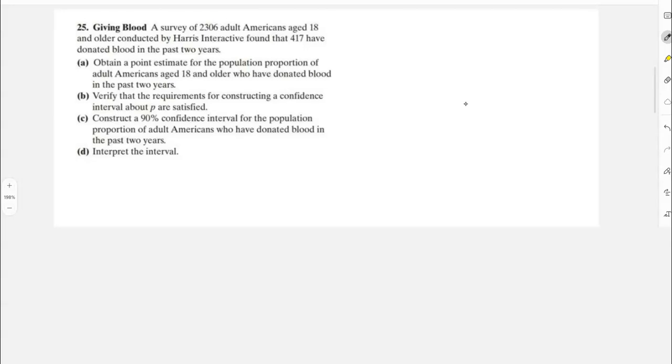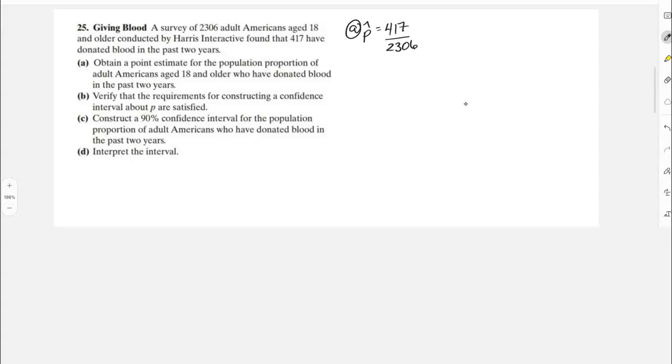So let's do one more example. A survey of 2,306 adults age 18 and older found that 417 have donated blood in the past 2 years. A is asking us for a point estimate. So the point estimate is going to be that sample proportion, which is going to be 417 out of 2306.